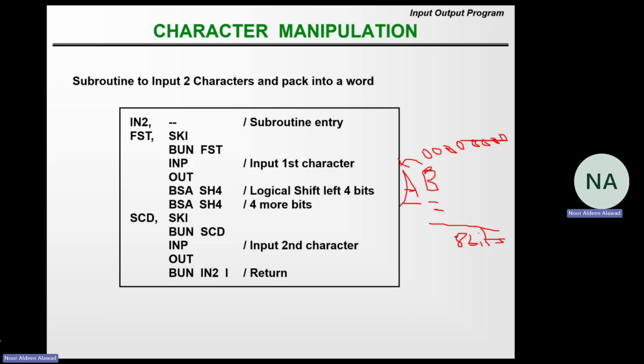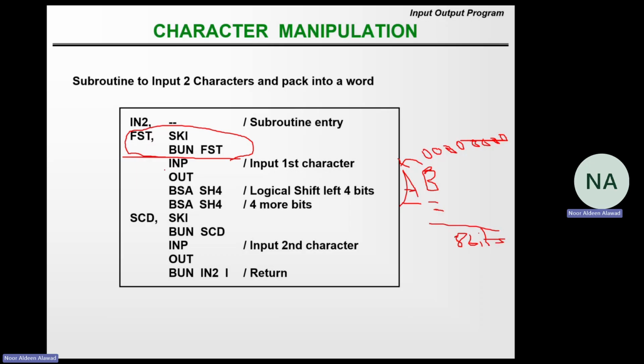First of all, you can see that this is the subroutine entry, starting from INT. Then we have FST, we have SKI, check the input, and the branch FST. As before, this is used to check for the readiness of input. If the flag is 0, you're stuck here.